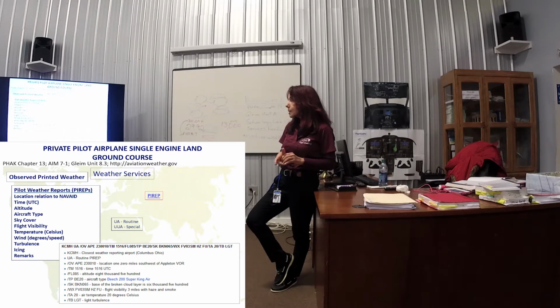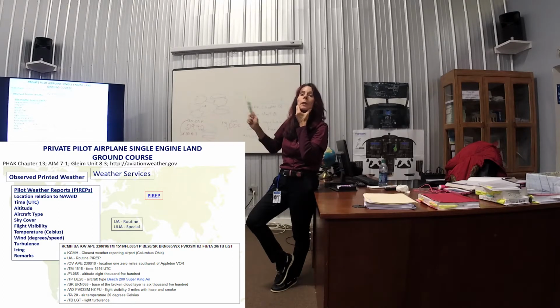So PIREPs, pilot weather reporting. This is the way they prefer when you call in a PIREP. I can tell you from experience, they love PIREPs. They're going to accept anything you give them in a PIREP. I'll tell you what's really important for them.